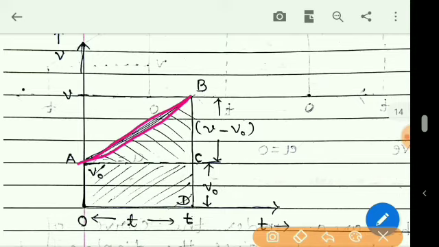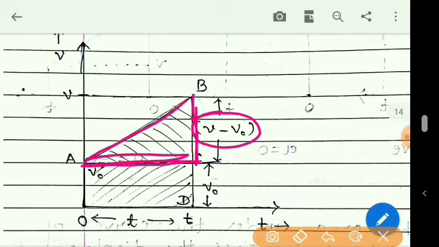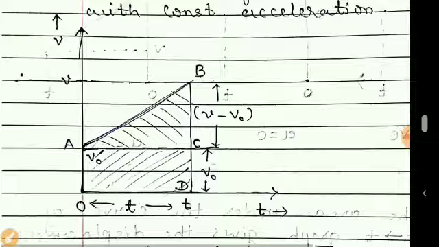Now slope of AB means it is this triangle, so vertical upon horizontal. We know that if we want to find the slope of this line, then it will be BC upon AC. But what is BC? It is V minus V naught. And what is this AC? This much length is equal to this length, and that is T. So the calculation is like this.